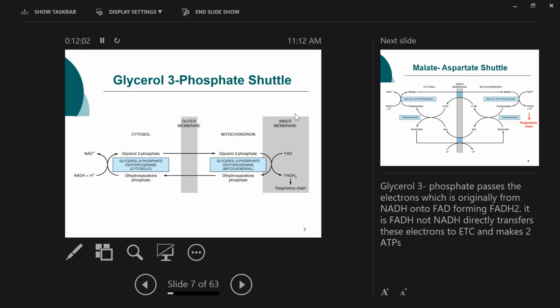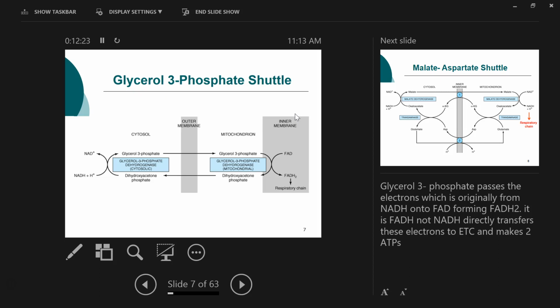NADH is not membrane permeable, so it cannot freely enter the mitochondrial membrane, and requires a transporter system to help NADH enter the mitochondria.